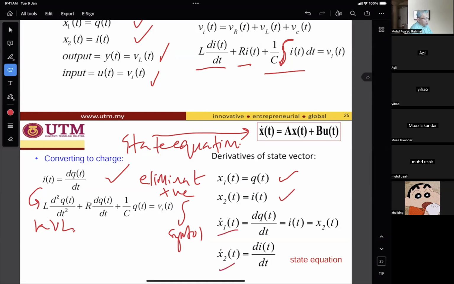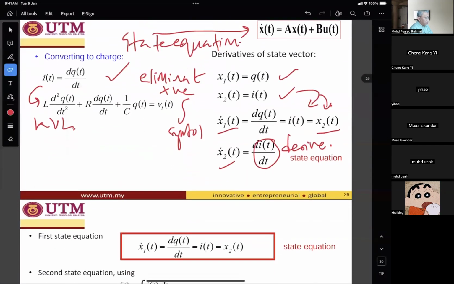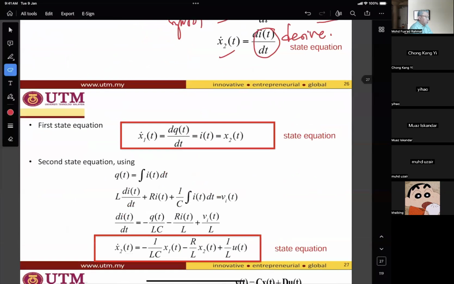So x1 dot is dq over dt, and dq over dt actually is I, and I is actually x2. Okay, so this one you must understand how we get x1 dot equal to x2. Then x2 dot is equal to di over dt, and this one we have to derive. Okay, so the way we derive it is shown here. So this is your first state equation, equation number 1.